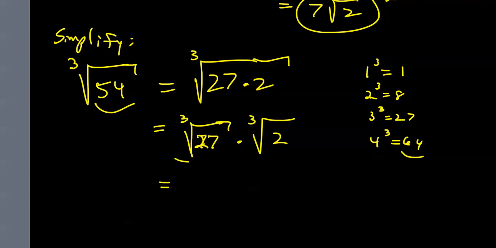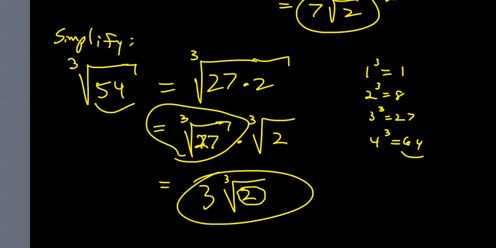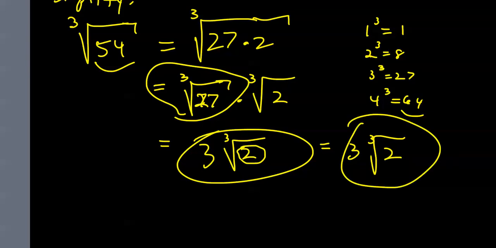The cube root of 27 is 3, so we get 3 times the cube root of 2. I can't go any further than this. You're completely simplified when there are no factors that are a power of your index or greater. So this would be my final answer: 3 times the cube root of 2. That's simplifying a third root.